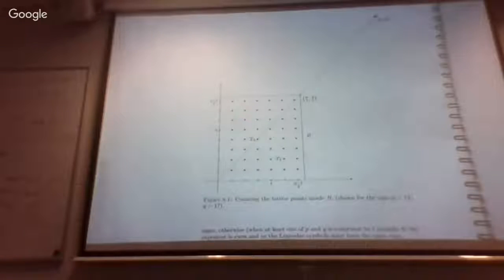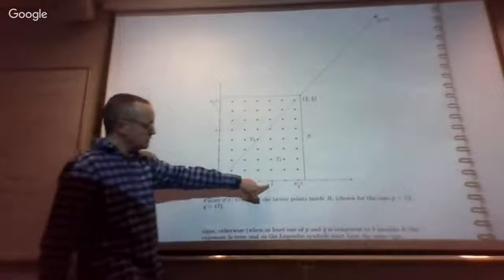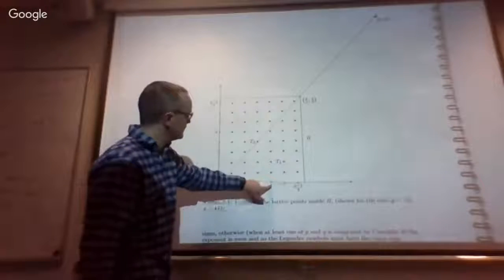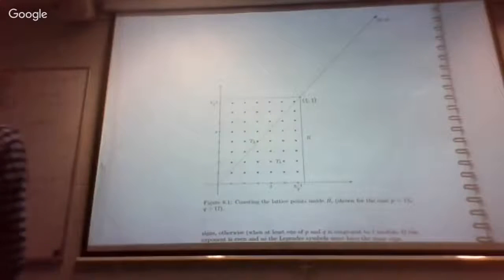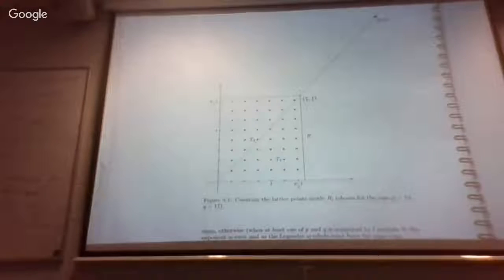Consider the number of points in a column in T1, say the column located at point T. You see the top point on the line; Q over P is the gradient of the line.